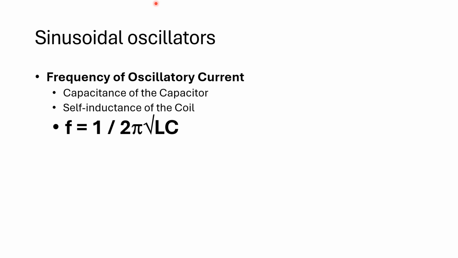As we can see from the formula, 1 over 2 pi square root of LC, both capacitance and inductance are inversely proportional to our frequency. Usually, inductance and capacitance are given in microhenry and microfarad values.